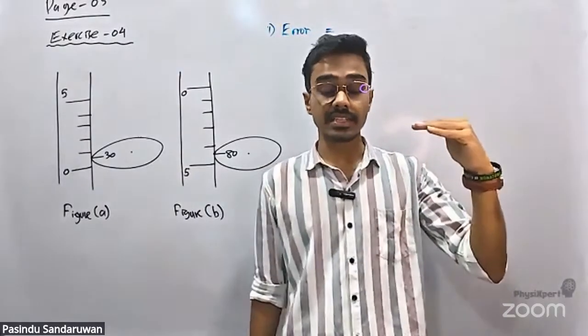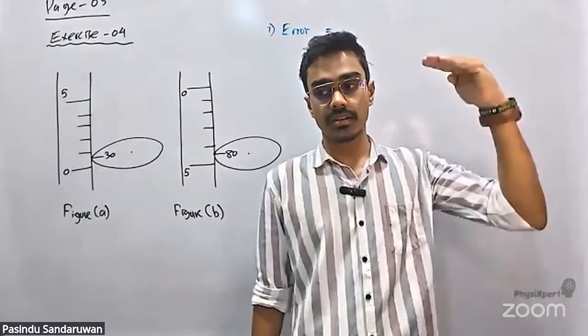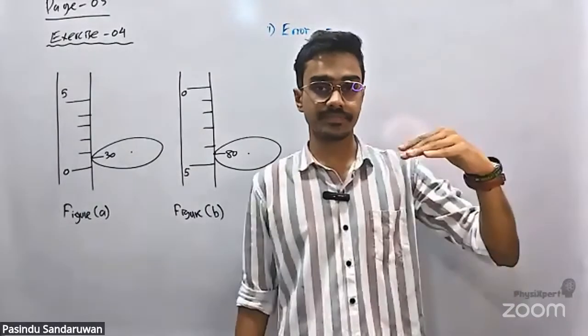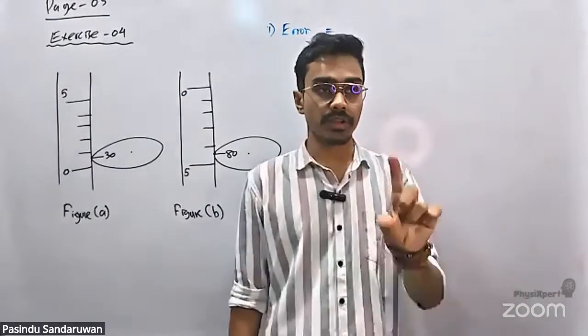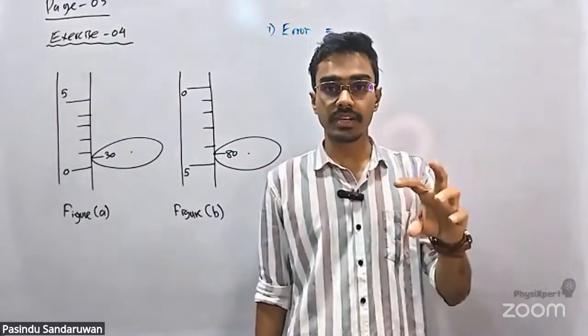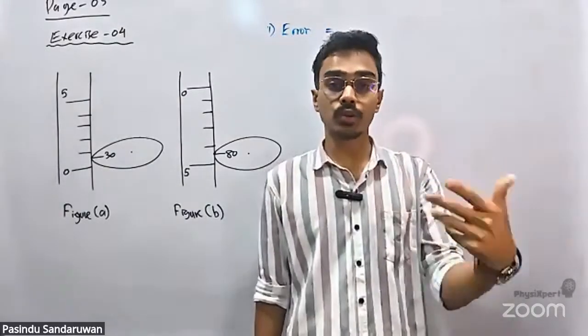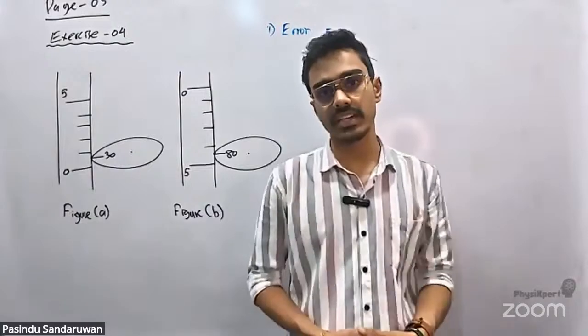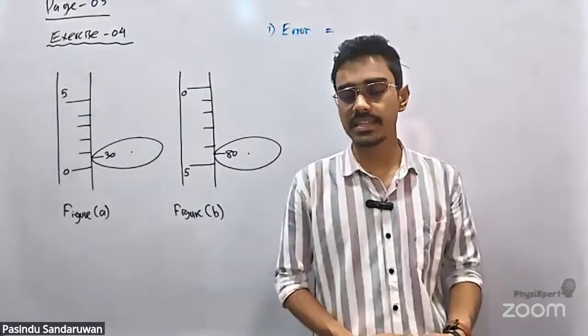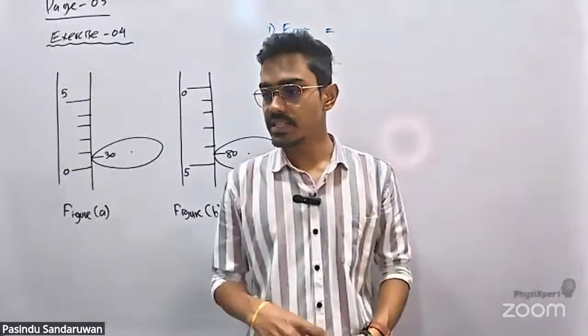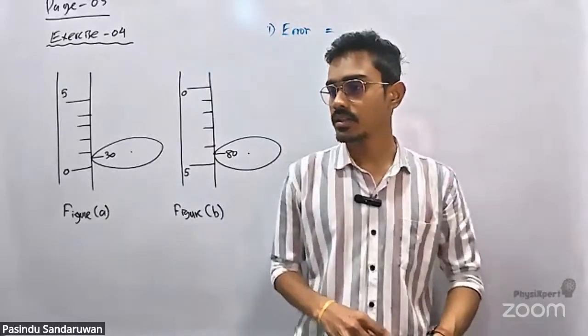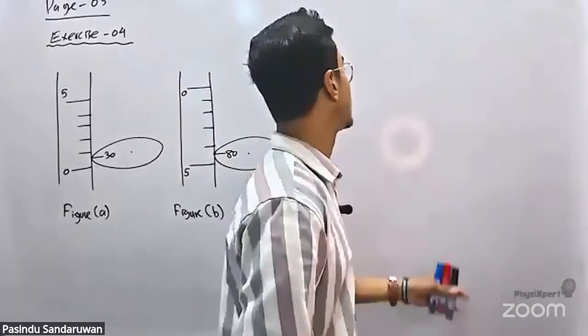It has a center zero, and readings are taken to both sides, above zero and below zero. So in those two cases, the error works in two ways. So it has two behaviors, right? Simply the reason is that.